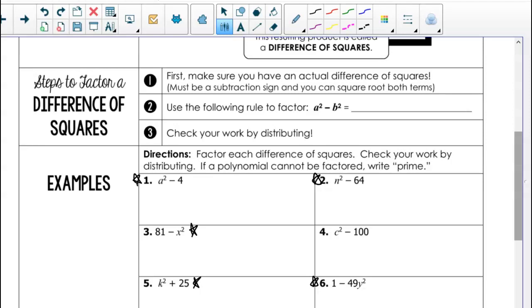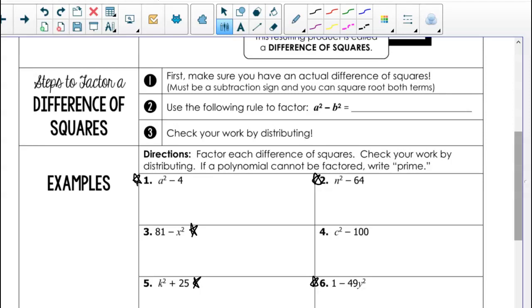So if we have addition, it's already a no-go. But also we need to make sure that we can take the square root of both terms. If those aren't met, we don't have difference of squares and we'll have to factor it some other way.